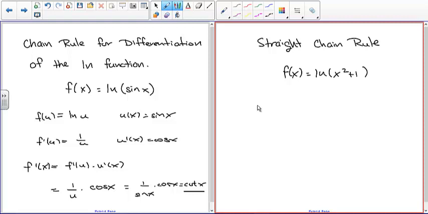f of u is the natural log of u, and u of x would be x squared plus 1.